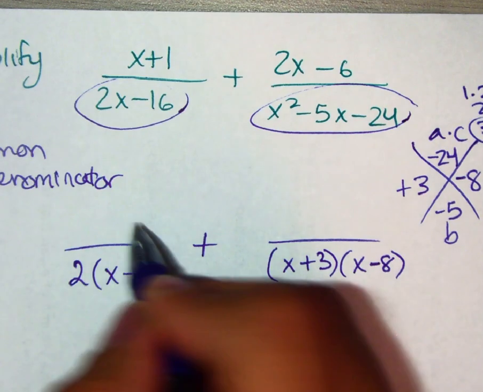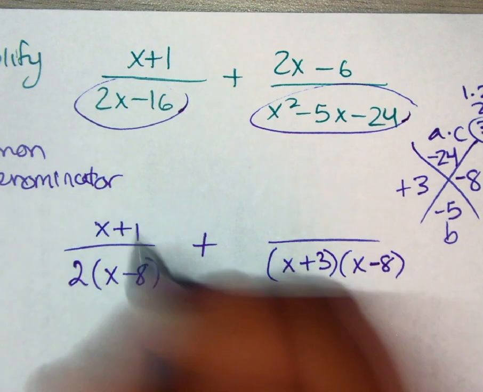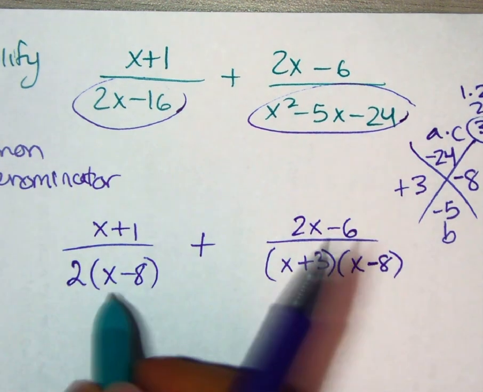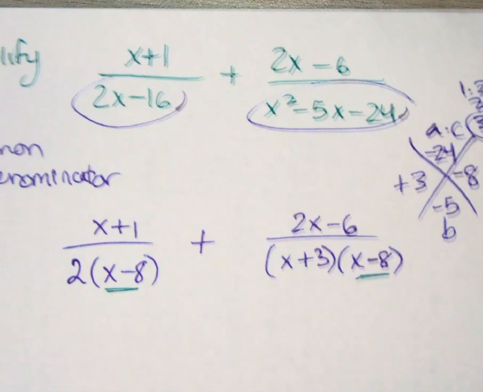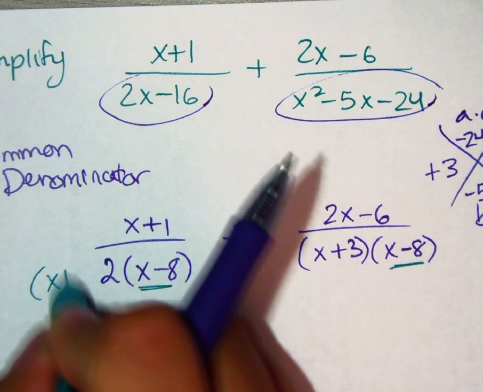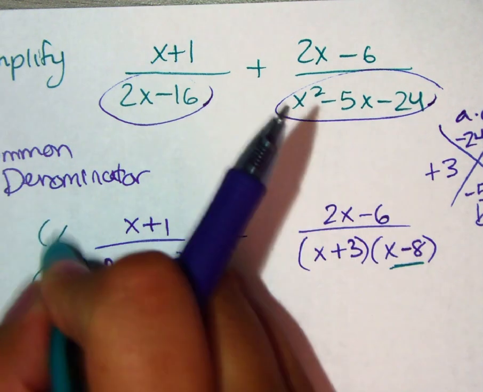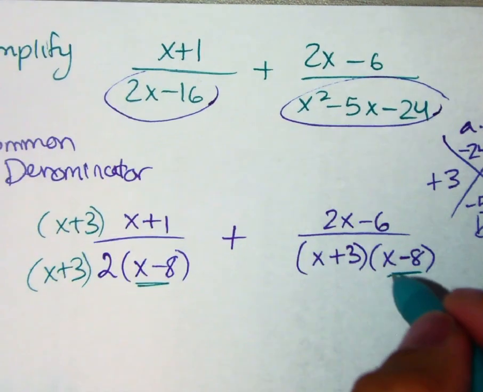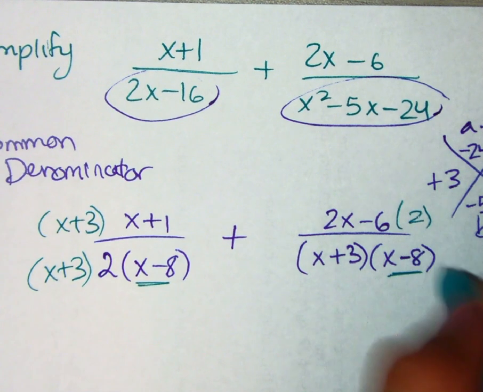Next, we want to keep the numerator the way it is. And then we want to consider looking at the factors. So x minus 8 is common already. And this one does not have x plus 3. So we want to add x plus 3 on this side and that side. This side does not have 2. So we want to include that 2.